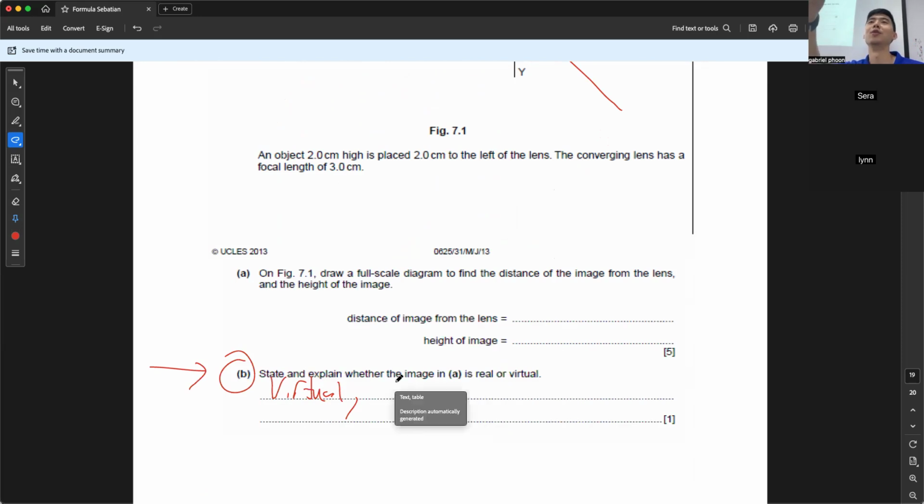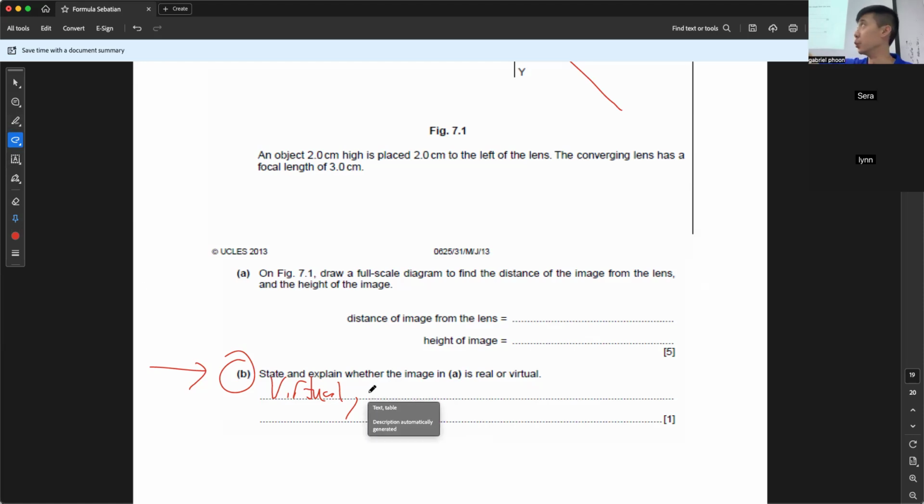Especially those that already went for the exam. How do I tell whether it's virtual or real? Behind the... dotted line. This is a standard answer. Everyone write this down.